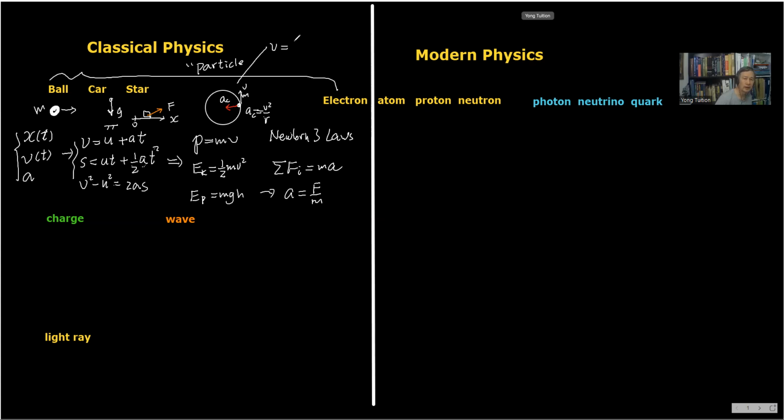Velocity can be written as the distance of one circle, the circumference, divided by the period T. And T can also be written as the total time divided by the number of revolutions. Or can we use the number of revolutions divided by time?